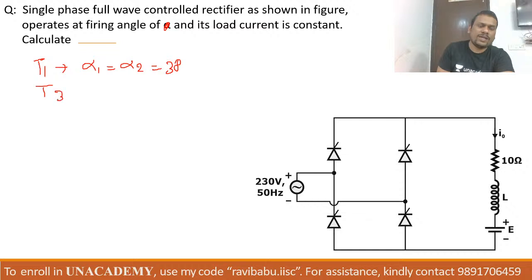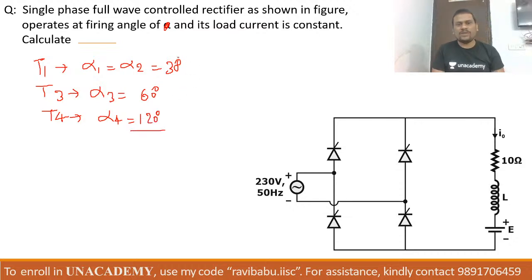Whereas the triggering angle of alpha 3 is 60 degree after coming into forward blocking mode, and T4 firing angle alpha 4 is 120 degree. In this particular sequence you have to follow: alpha 1, alpha 2 30 degree, alpha 3 60 degree after coming into forward blocking mode, alpha 4 is 120 degree. This is your T1, this is your T2, T3 and T4.